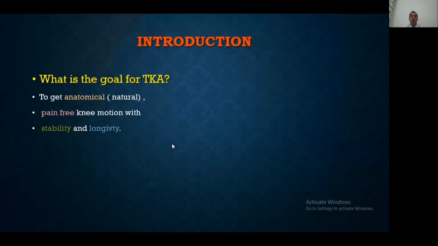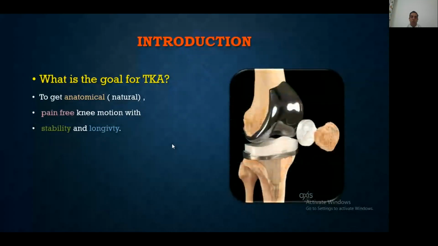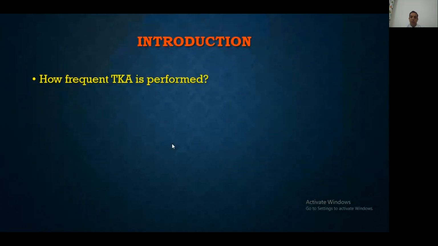So we have to choose a new knee that can last for many years, so that we will not need to change it another time shortly. So longevity is one of our main goals for total knee arthroplasty. As you can see in this picture, this is total knee in brief with the three components of the knee.